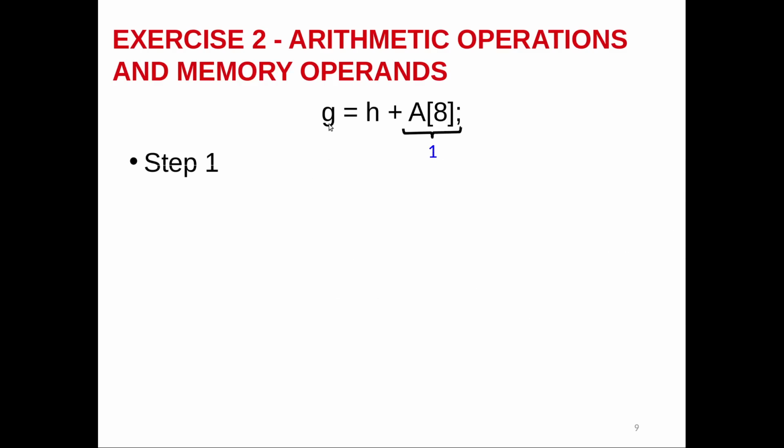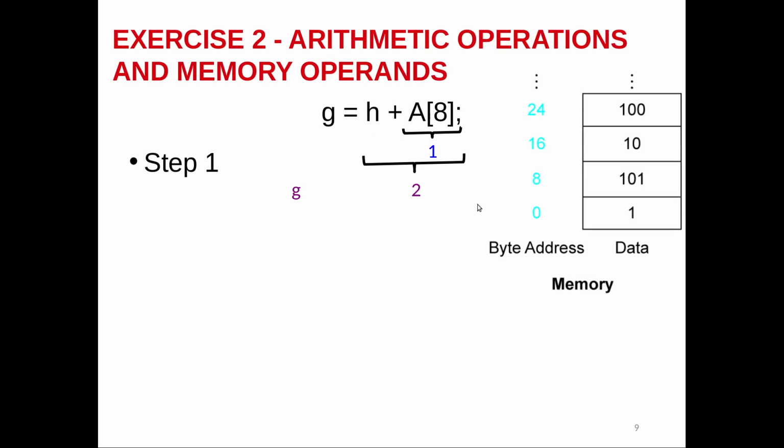So we know that the first step will be loading the 8th element value of memory A into a register, and then we need to add that value together with H to have G. And here is a reference back from your lecture. We know that inside the memory, the data will be stored by 64 bits each, because we use double word.